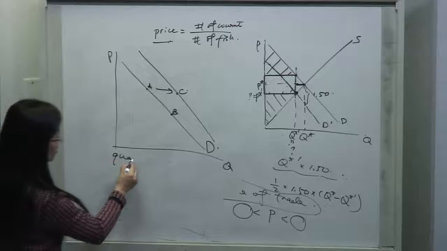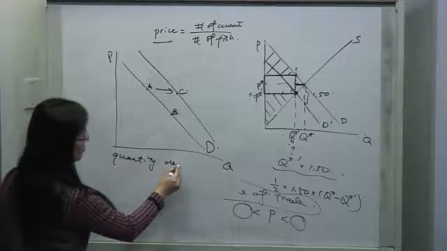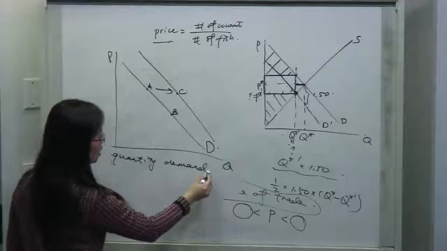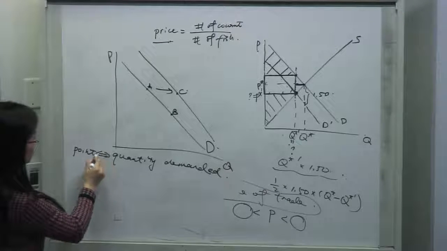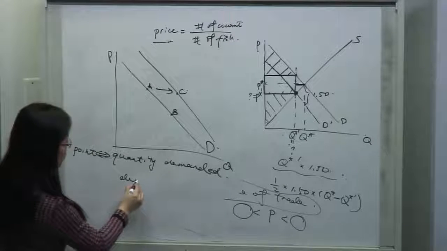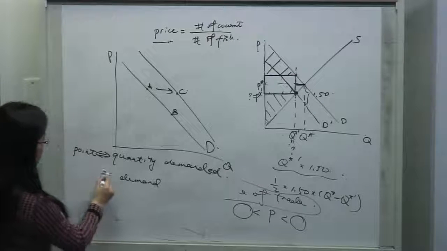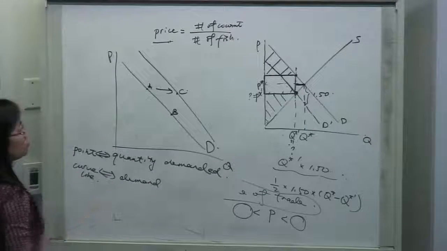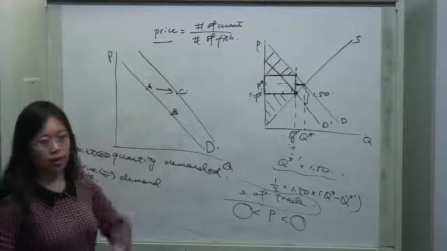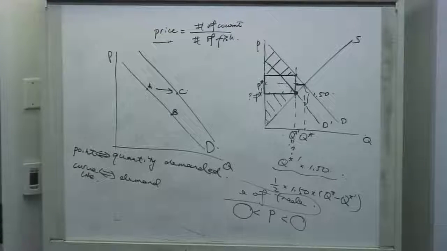When I say quantity demanded, this is a point. If I say demand, this is a curve, a line. So from A to C is a change in demand. From A to B is a change in quantity demanded. The same thing applies to the supply. Okay?